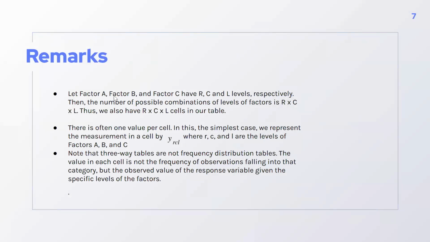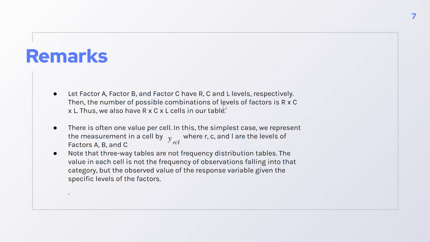Remarks, let factor A, factor B, and factor C have R, C, and L levels. So parang ang sinasabi niya lang po is yung 3 variables natin, merong yung unang variable, yung factor A, merong R levels, yung second variable merong C levels, and yung factor C po natin merong L levels.